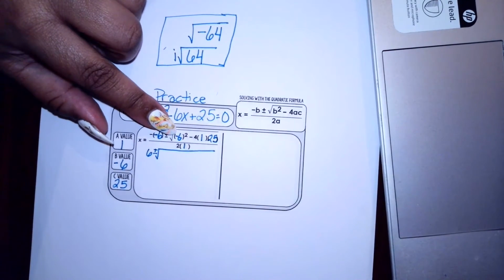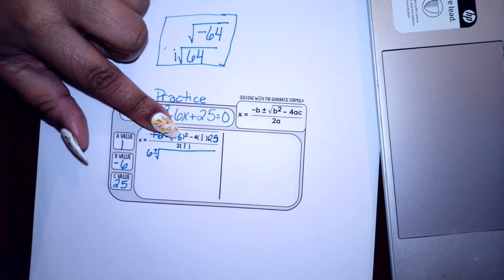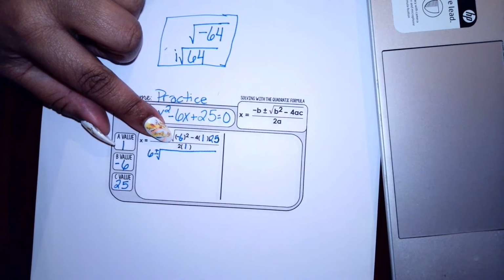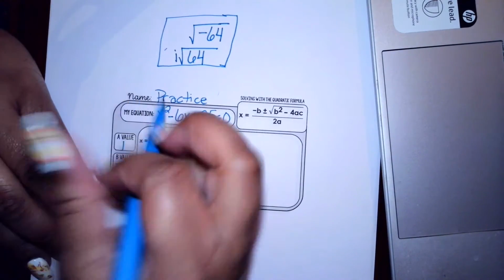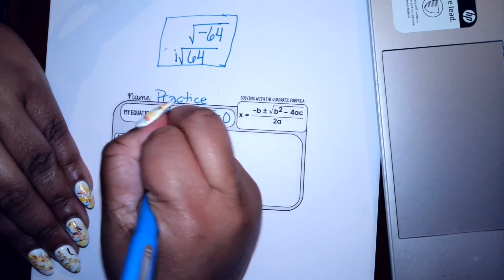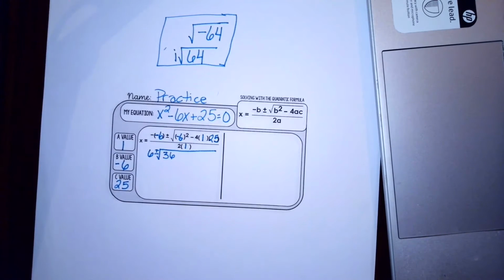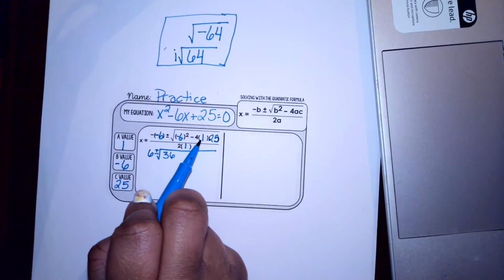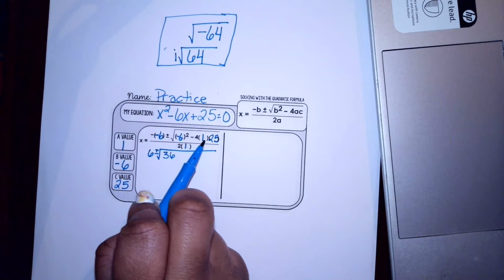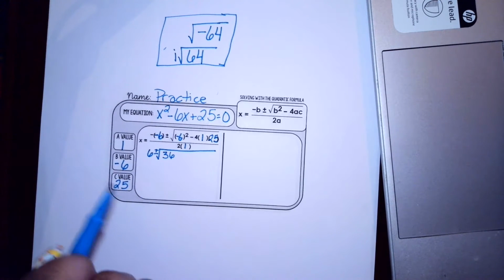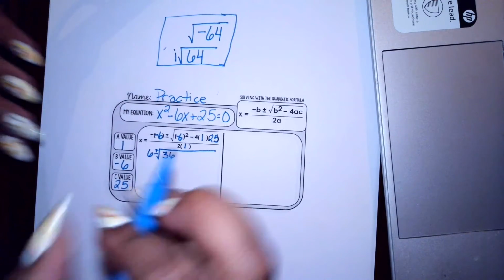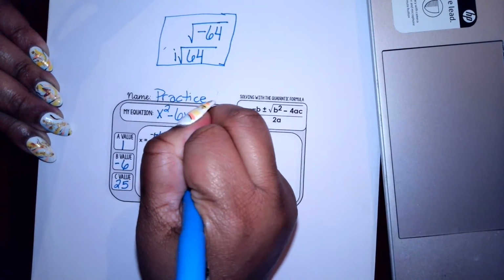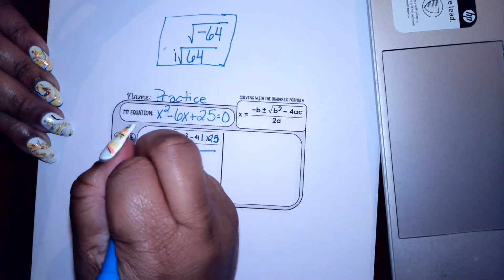We have -6 squared, so that's -6 times -6, which gives us +36 because two negatives multiply together. Then we have -4 times 1, which gives us -4. If we multiply -4 times 25, that's -100. So let's add our -100, and it's all going to be over 2.